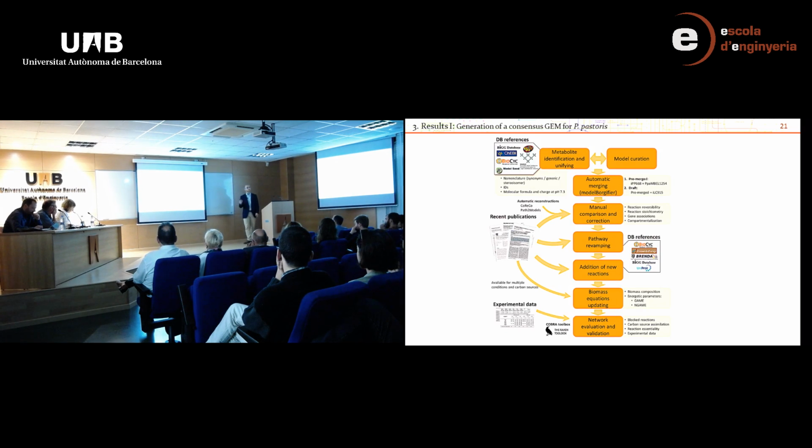A little bit more in detail, the workflow that we followed for developing this model. The first step was metabolite identification and reunifying. Each one of the models used a different reference database in order to build or to take the metabolite names or IDs, so they were different in all the models.